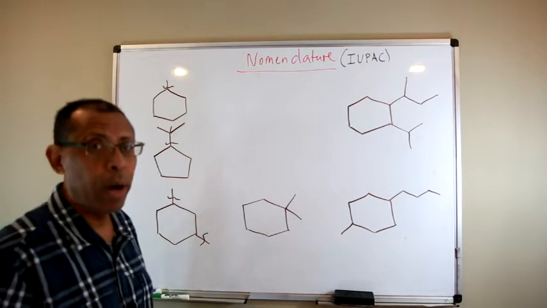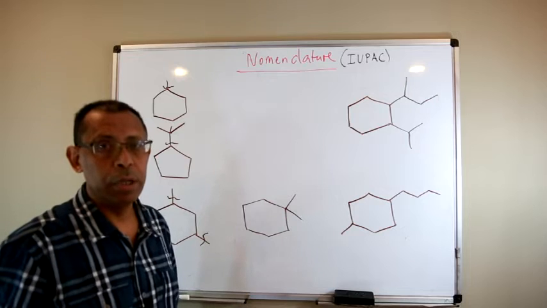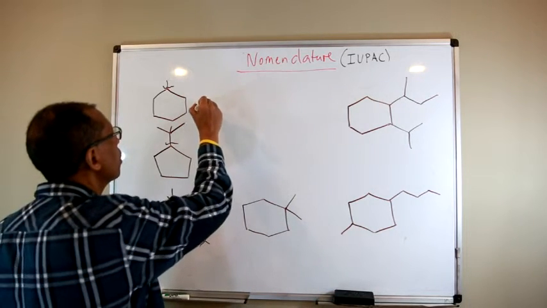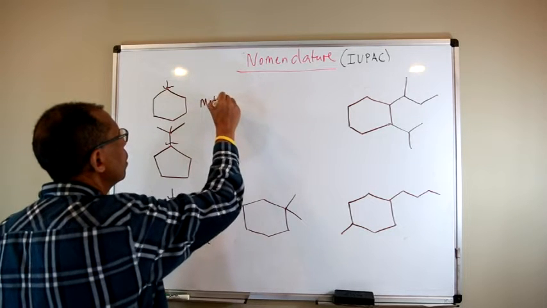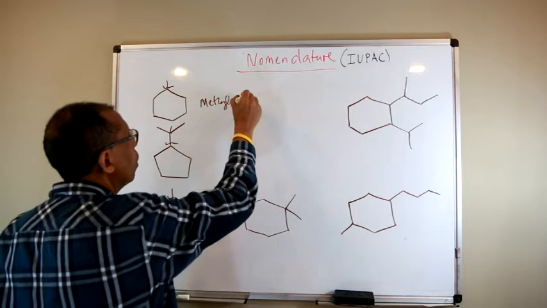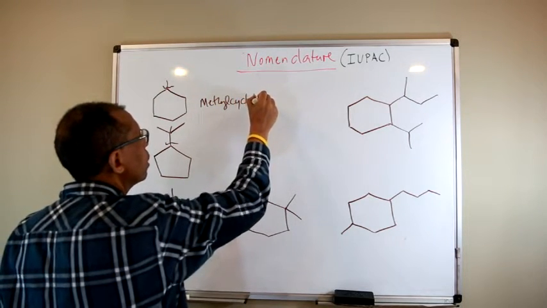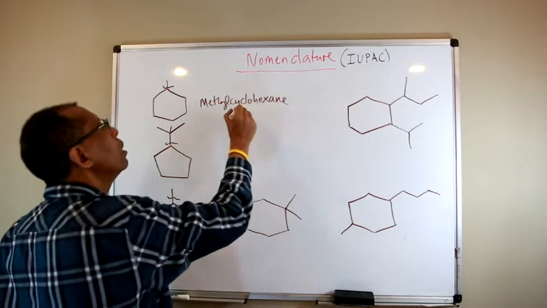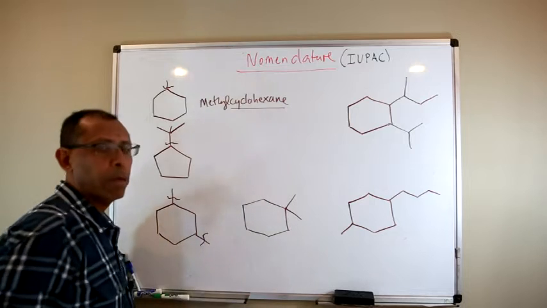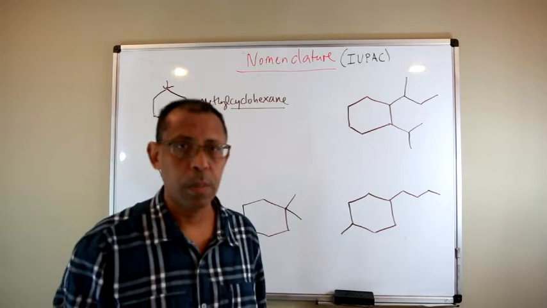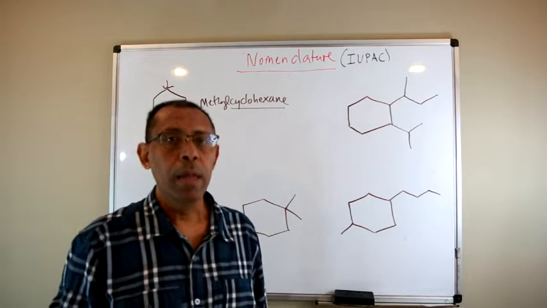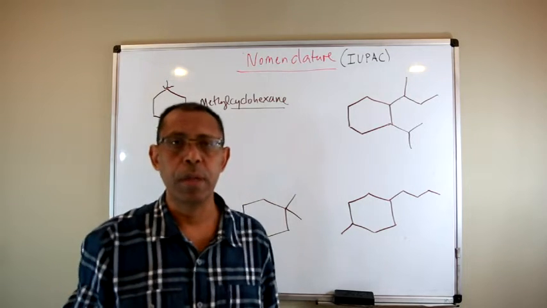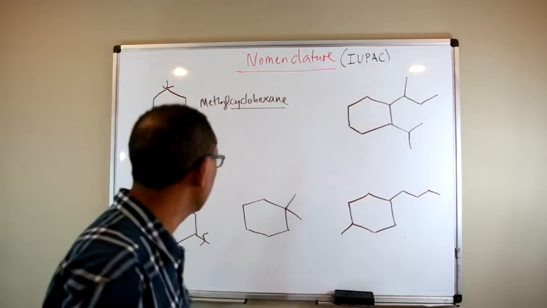If it is only one, there is no need to say one-methylcyclohexane. So this you can just say methylcyclohexane, 6 carbon. So always the base should refer to the cyclic system. So in your naming, the substituents are the ones which are outside of the cyclic moiety.